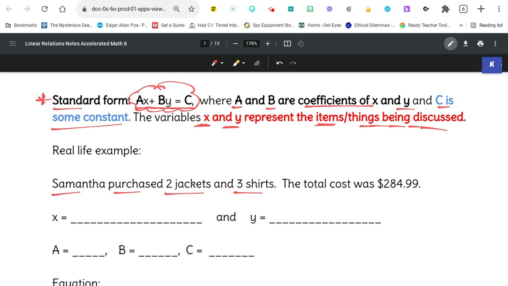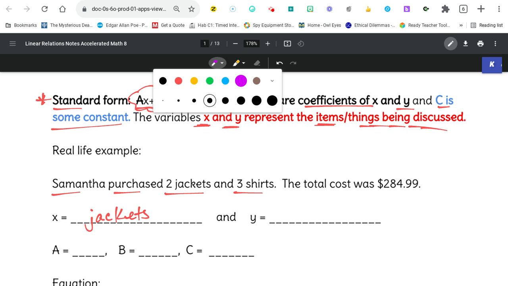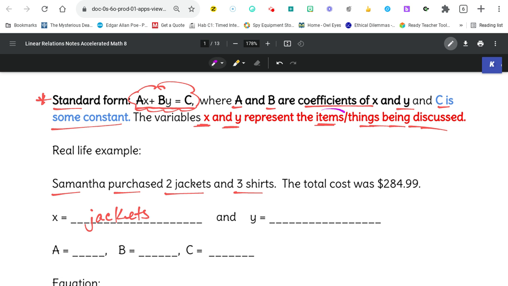So the things being discussed are jackets and shirts. That's your X and your Y. We're going to look at that first. A and B are going to be coefficients, okay? What am I talking about? I'm talking about some jackets and some shirts. So my X and Y are jackets and shirts.